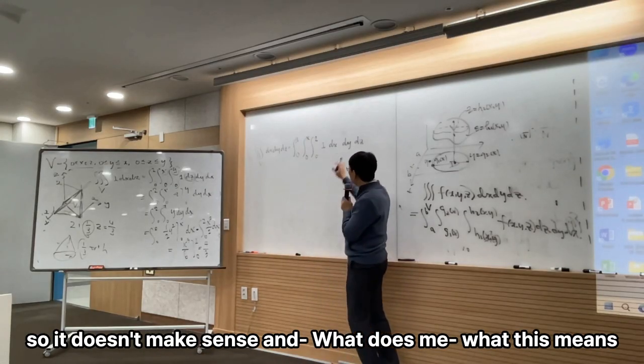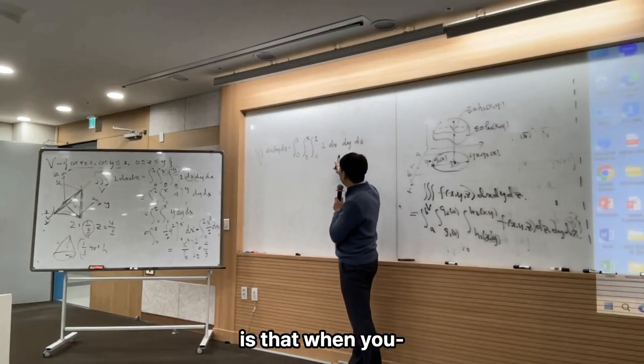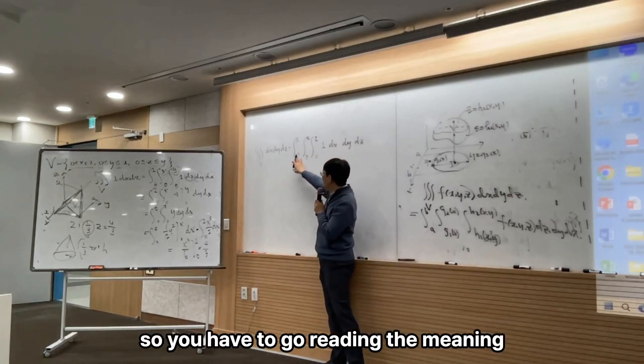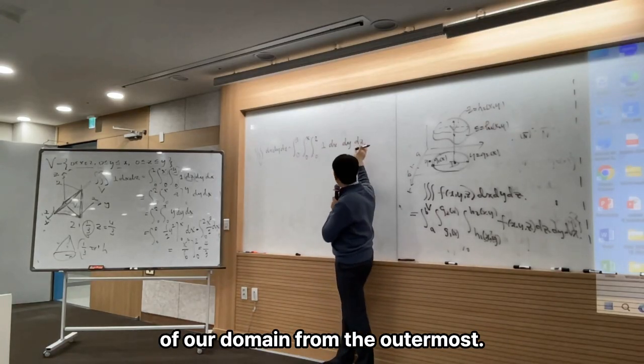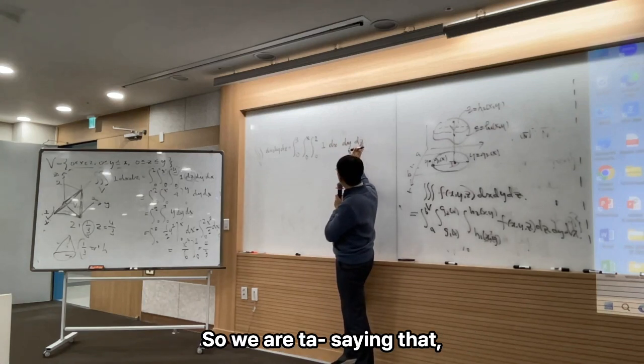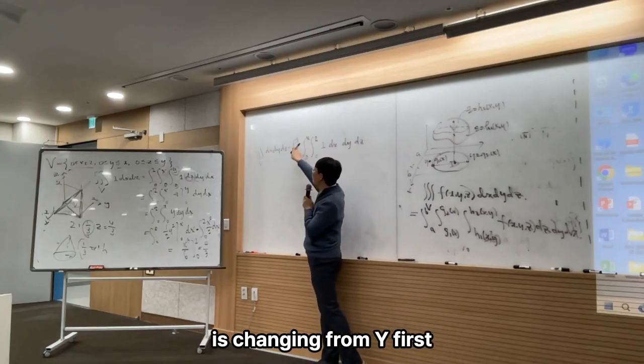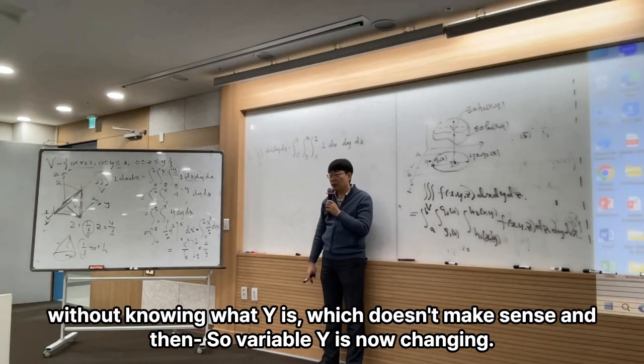When you read the meaning of our domain from the outermost, we are saying that coordinate z inside of V is changing from y first, without knowing what y is, which doesn't make sense.